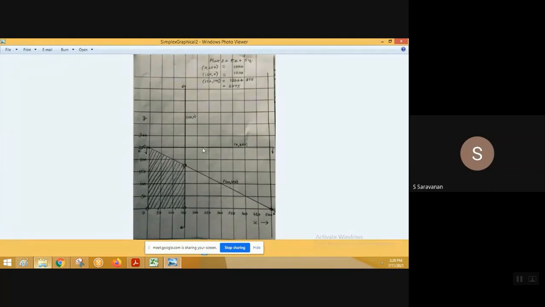For 0 comma 250, everything below 250 is an area. And for 150 comma 0, everything from here is its area. So the common area is what I have highlighted in this pattern.